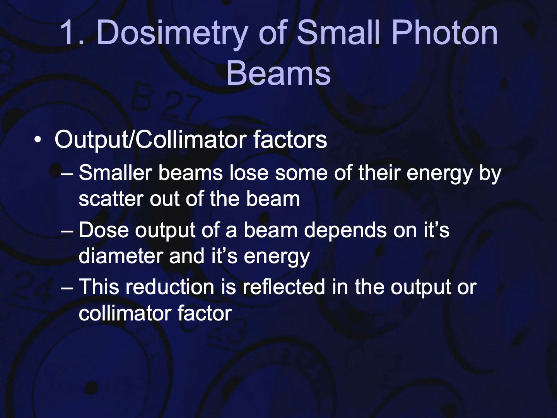So if we look at the dosimetry of small photon beams, one of the important things to do is accurately measure the output or the collimator factor. Now we know that smaller beams lose some of their energy by scatter of secondary electrons out of the beam, and that means that the beam loses some of its energy at depth.